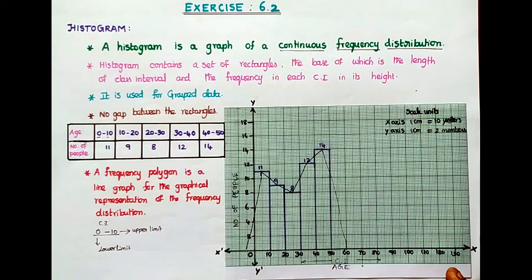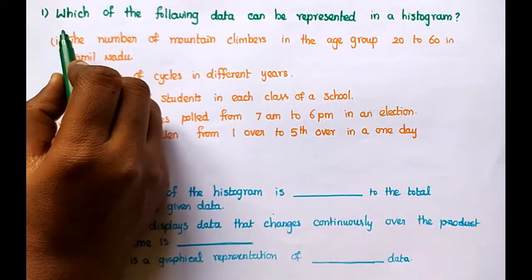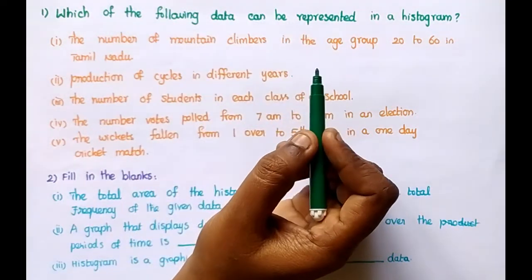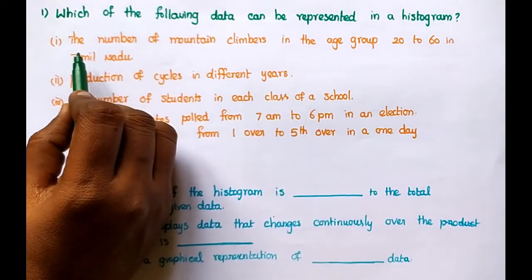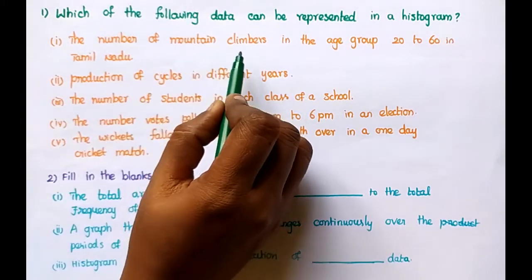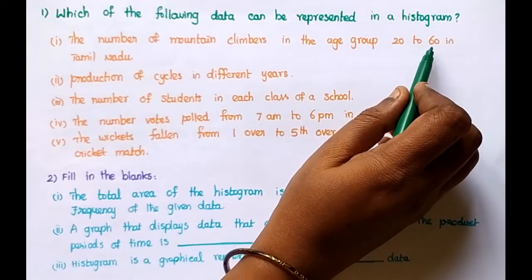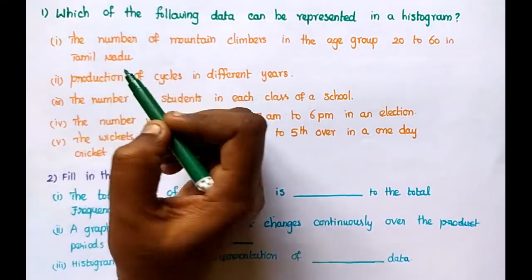Now let me see the exercise sums. First question, which of the following data can be represented in a histogram? First one, the number of mountain climbers in the age group 20 to 60 in Tamil Nadu.